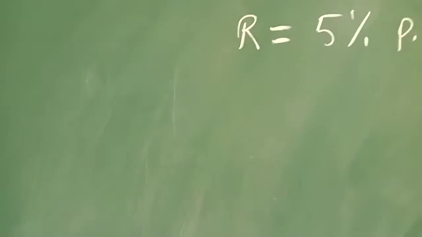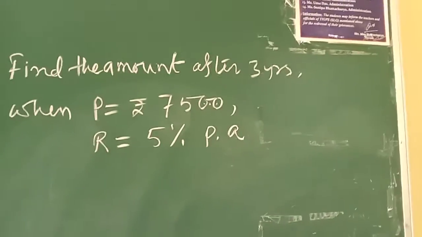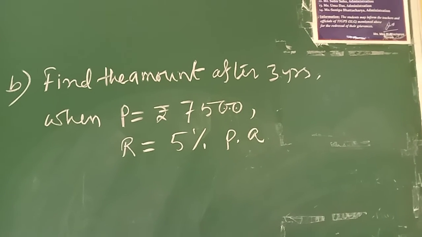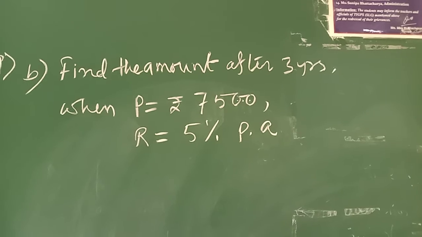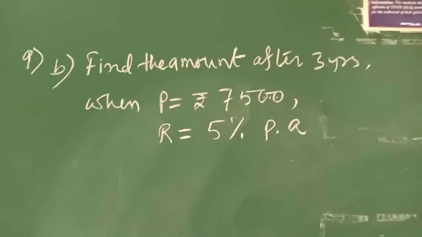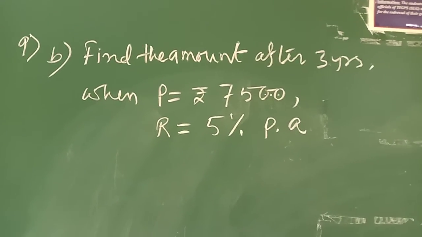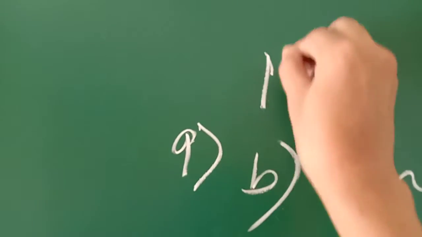Find the amount after 3 years when principal is rupees 7500 and rate is 5% per year, per annum. Now this will be your homework and all of you have to do this.